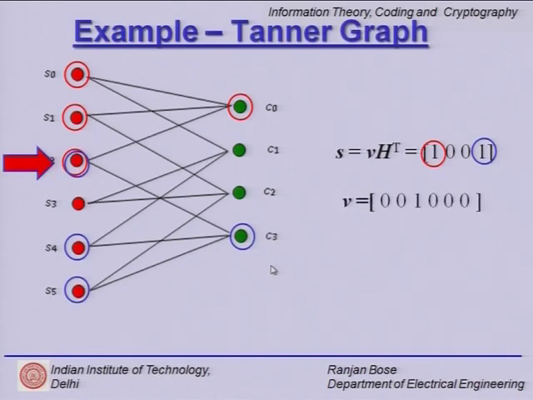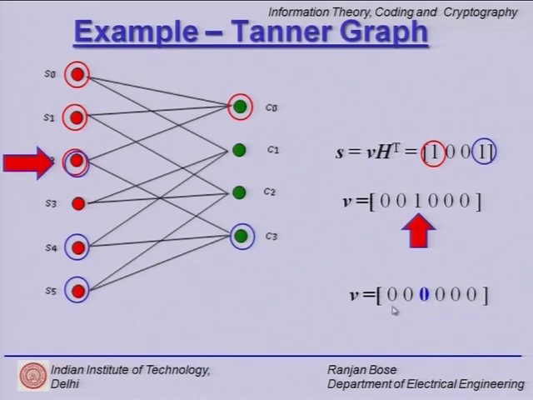So, what I do is I pull back my nu, the received vector, and I said, okay, which is that number 3 position? This is the guy which is connected to 2 of the check nodes which are in error. So, I flip it. It is a bit flipping algorithm. So, I am not sure whether it is right or not, I am taking a guess, it is an intermediary step. So, I flipped this.